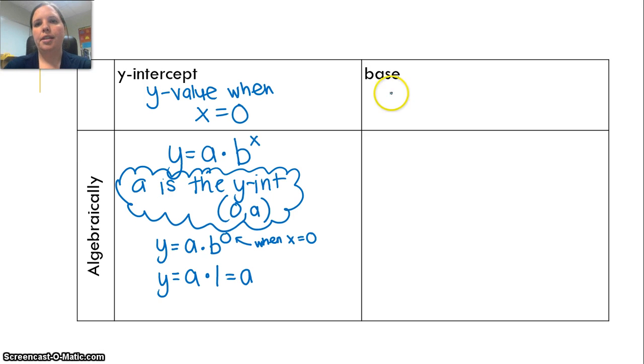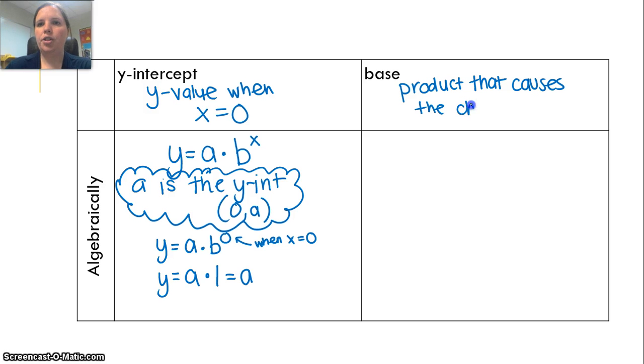Now the base, the b value there, is the product, what we're multiplying by, that causes the change. So when we looked at the zombie outbreak, the zombie attack, we had 2 to the x, and so 2 to the x was causing the change of times 2 times 2.